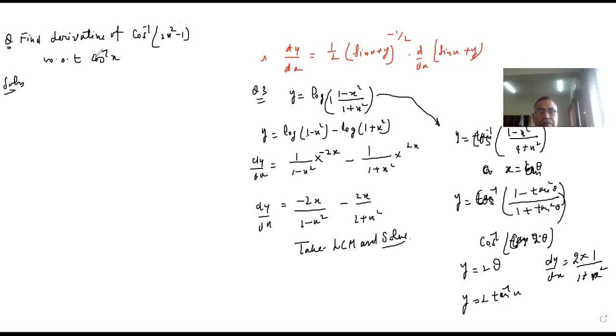I explained this yesterday also. Try to do this with the help of trigonometry, try to make it simple. If I write it as P, and put x as cos theta, what should be P?